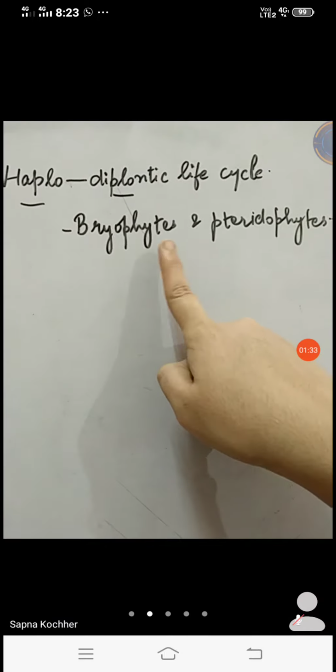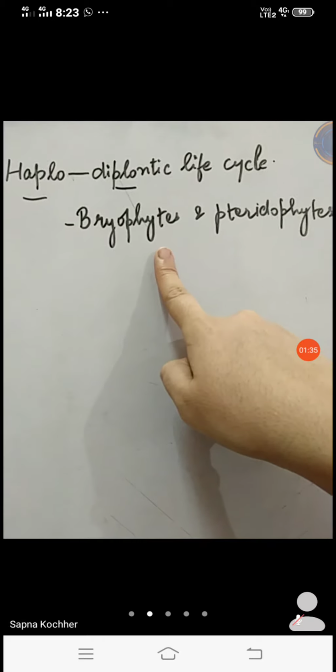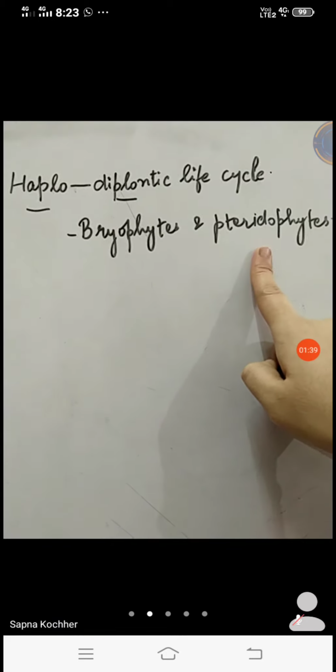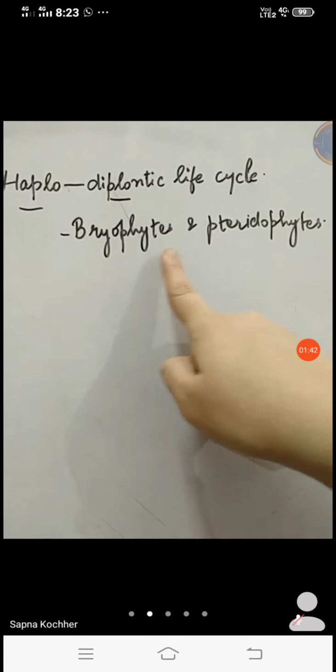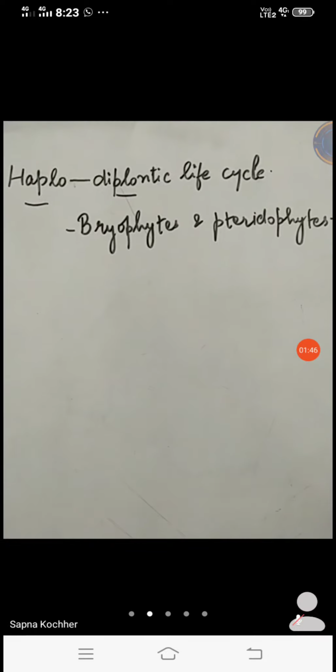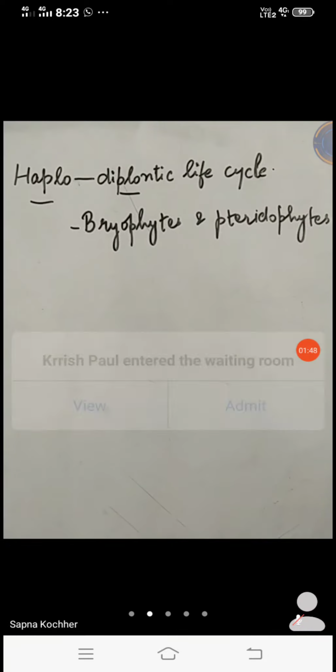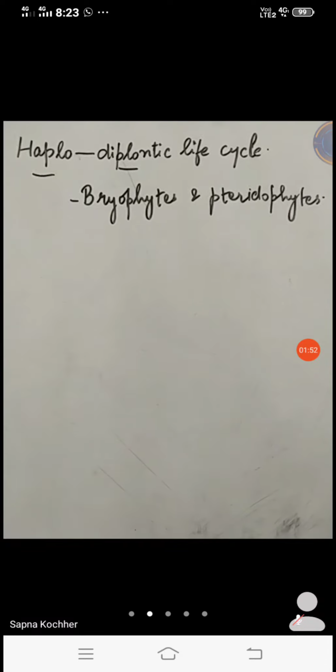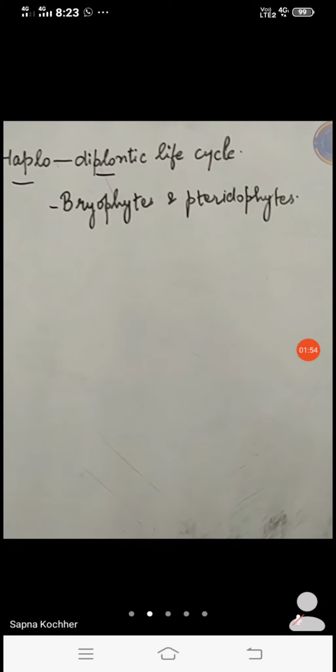As we know, the sporophytic phase is short lived in the bryophytes and the gametophytic phase is short lived in the pteridophytes, right? But it is alternated by the presence of both the sporophytic plant body as well as the gametophytic plant body. The two types of plant bodies are together seen in these two members, the bryophytes as well as pteridophytes.